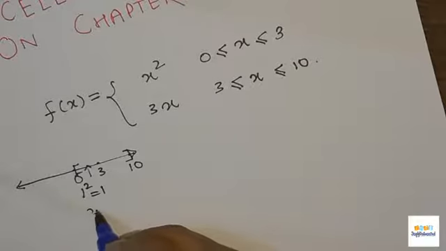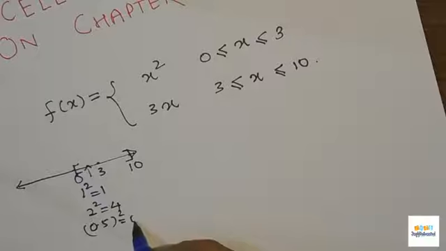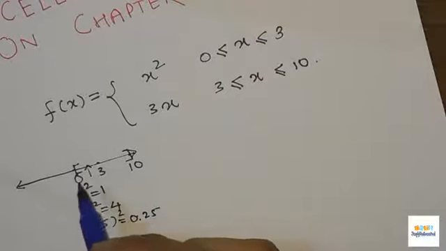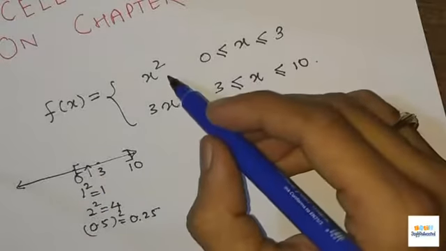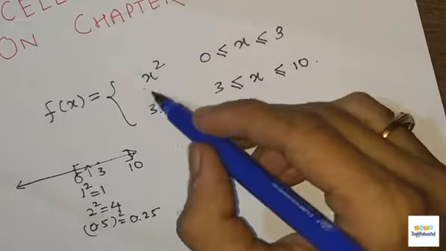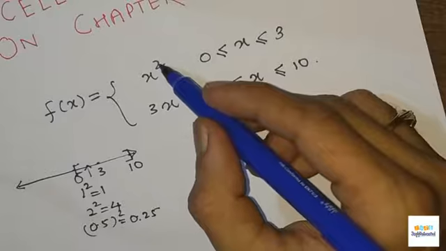And 2 square, which is between 0 and 3, will be 4. If you take the square of 0.5, you will get 0.25. So all the values between 0 and 3 have different squares.